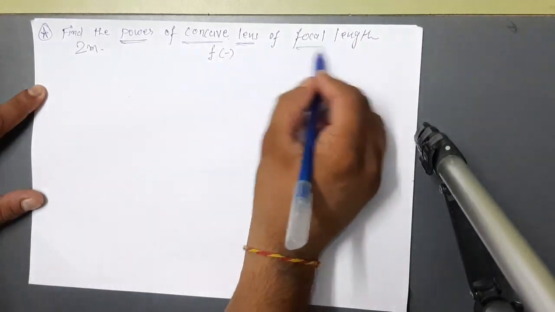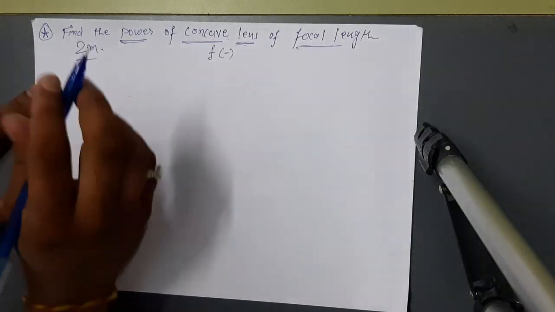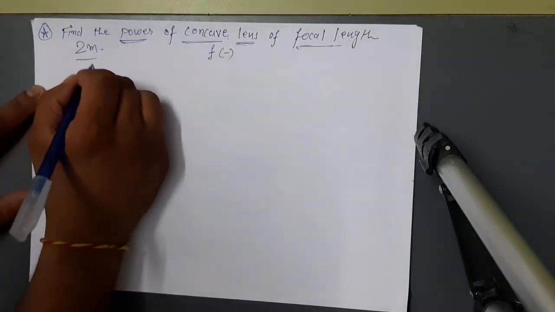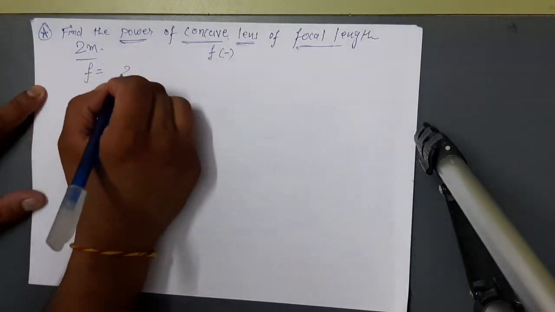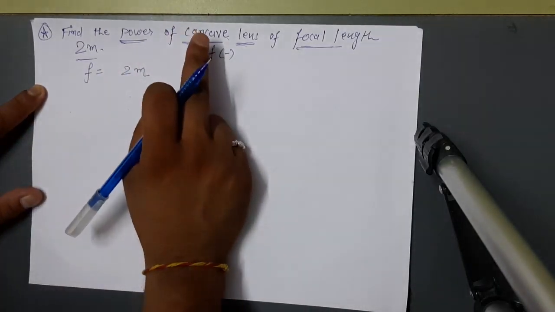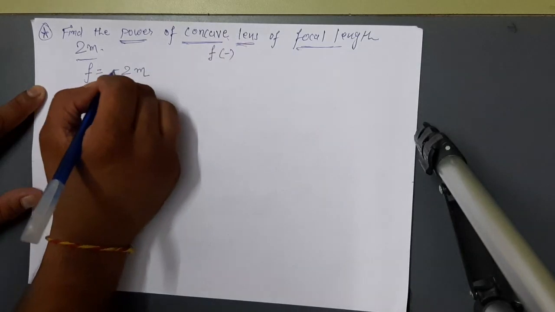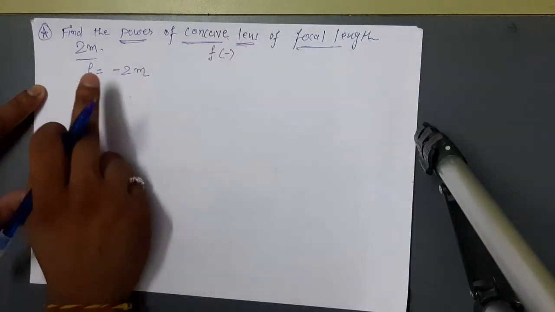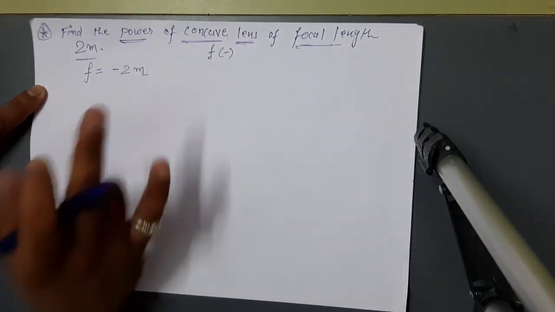The focal length is given, that is 2 meter. So let's find it. F is given to us as 2 meter, but as it is a concave lens, it will be negative. So our focal length will be minus 2 meter.